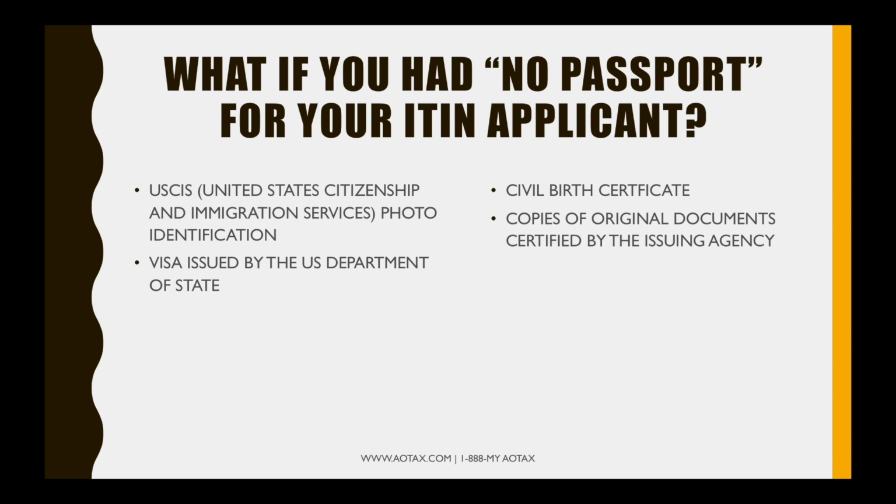One is a USCIS photo identification, that is United States Citizenship and Immigration Services photo identification, or a visa issued by the US Department of State, or a civil birth certificate, or a copy of an original document certified by the issuing agency. This never happens, but just in case you don't have the passport for your ITIN applicant, you can choose to attach any two of the documents mentioned here.